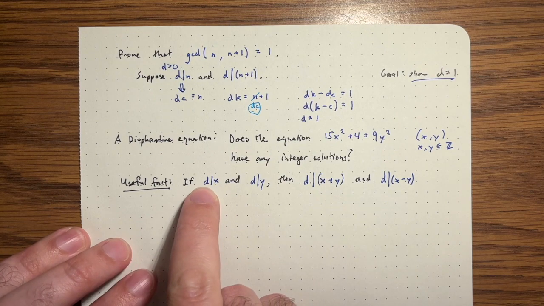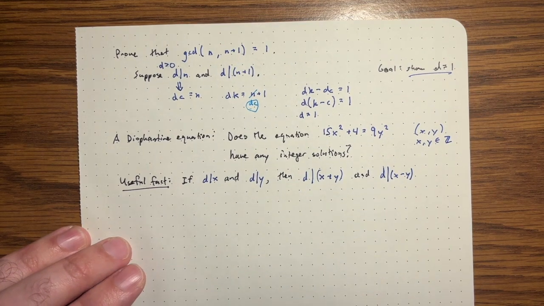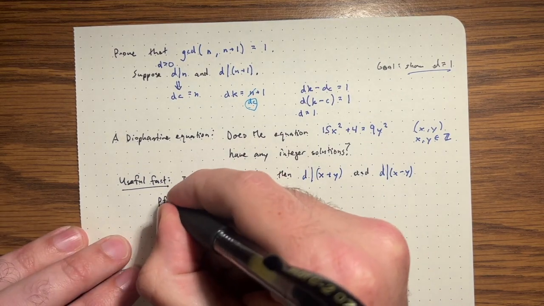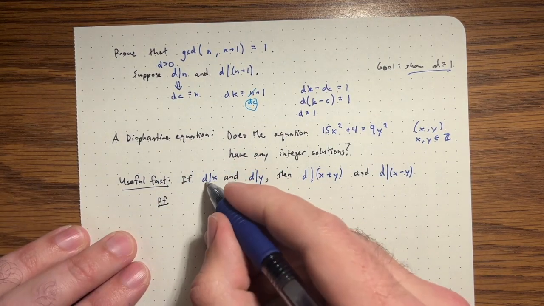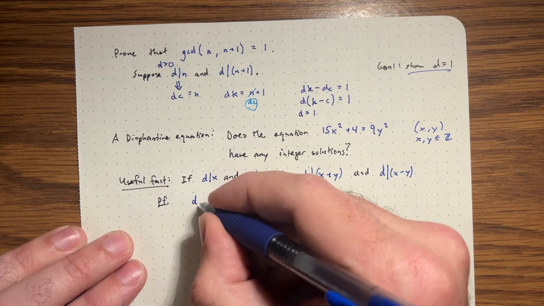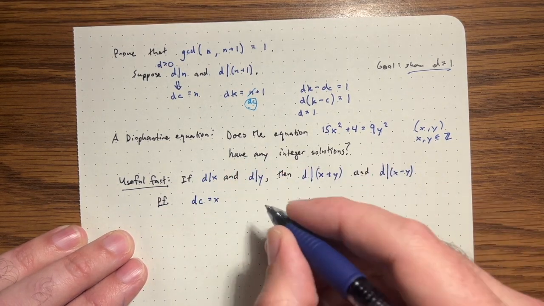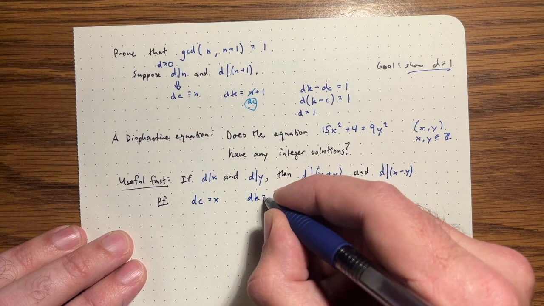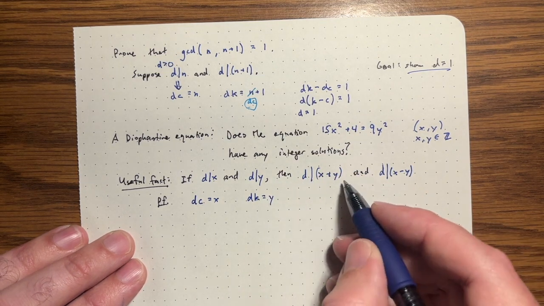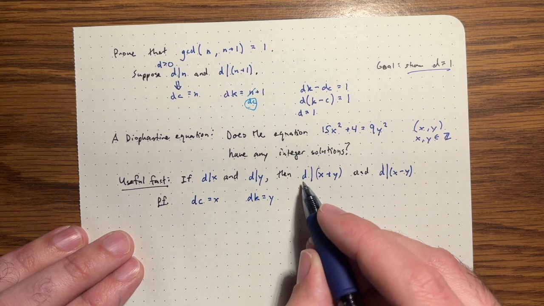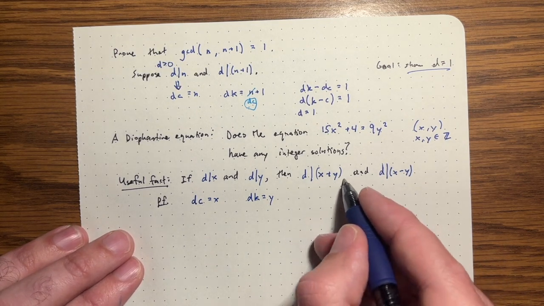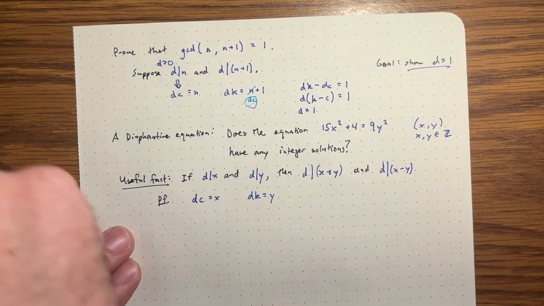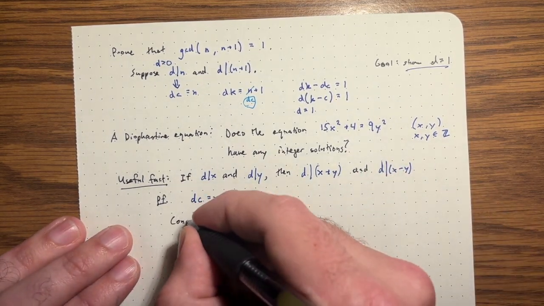So you can probably see why that's true. Let's prove it really quick. So here's the proof. If d divides x, that means that d times some number c equals x. If d divides y, that means that d times some other number k equals y. I want to show that d divides x plus y. So let's consider x plus y.